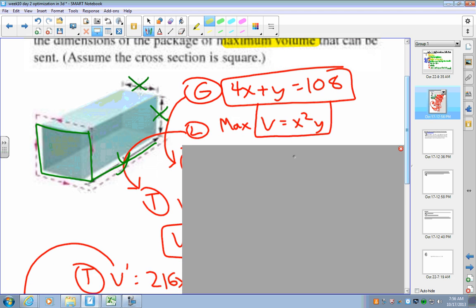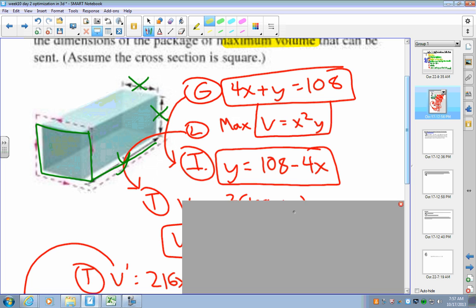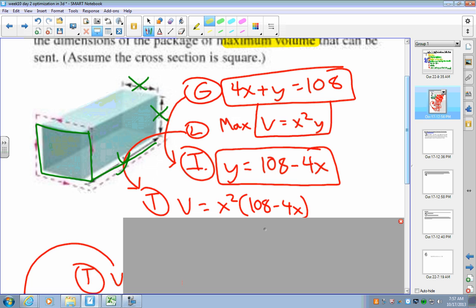So I isolate from the G, and I said y is 108 minus 4x. Okay. Then I can take that and plug it back into my volume equation. So instead of x squared y, I'm going to have x squared times (108 minus 4x).